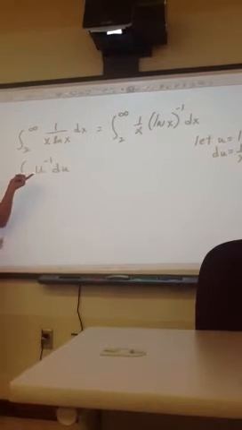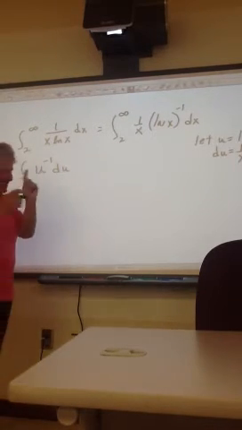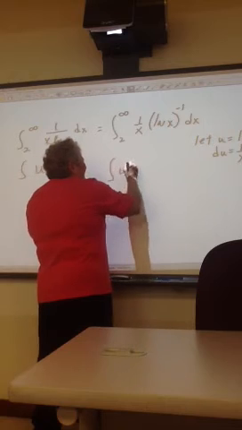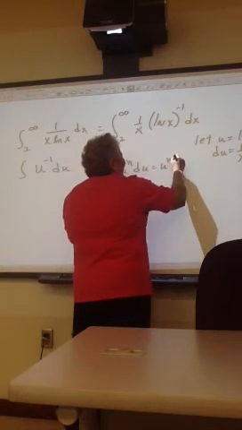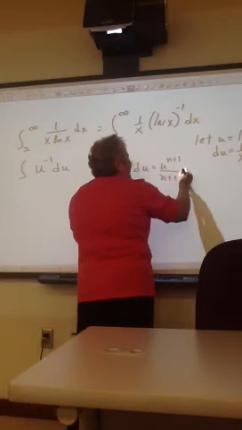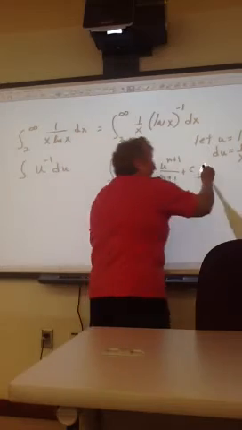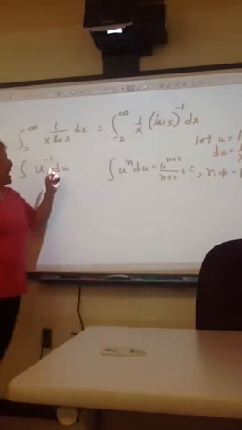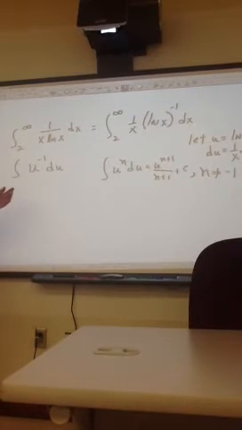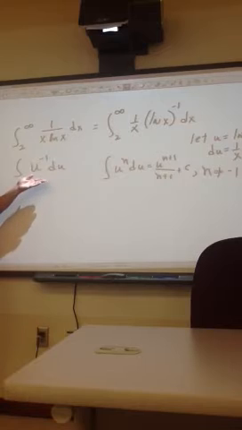Okay, the natural log. All your little careers, I've tried to get you to memorize this rule correctly. The little rule says the integral of u to the n du equals u to the n plus 1 over n plus 1 plus c, where n is not equal to negative 1. So this is not a power rule, it's a natural log.